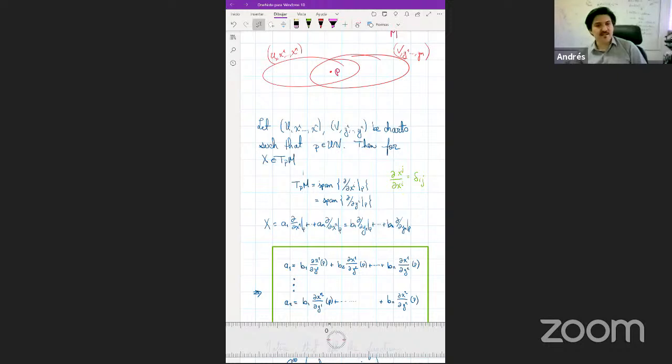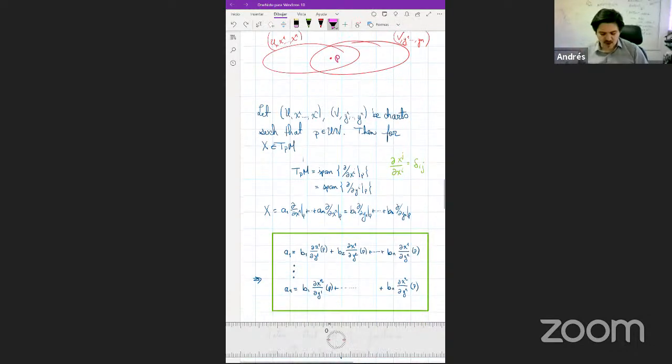The same for the yi's. And you know how the differential acts on that. Hence, I evaluate the left-hand side on the function x1, and I only get this. On the right-hand side, I do the same, and this is exactly what I wrote here. And I do it for x2 and so on until xn. I get an a on the left, and on the right, I get this.